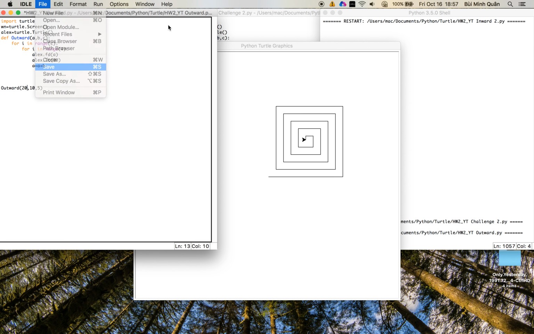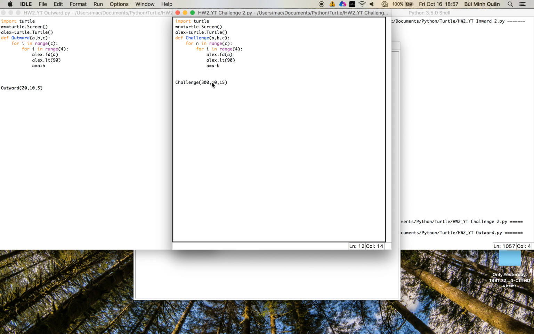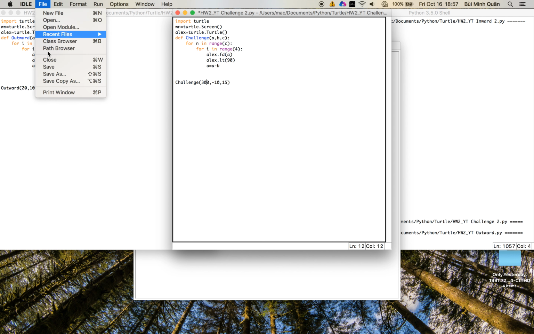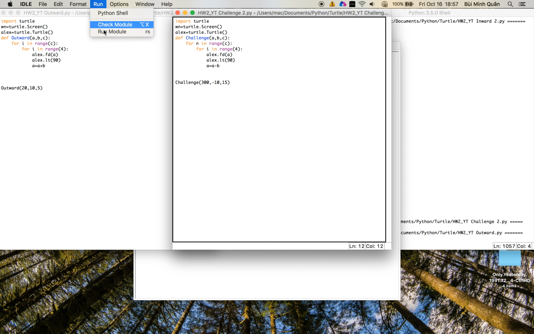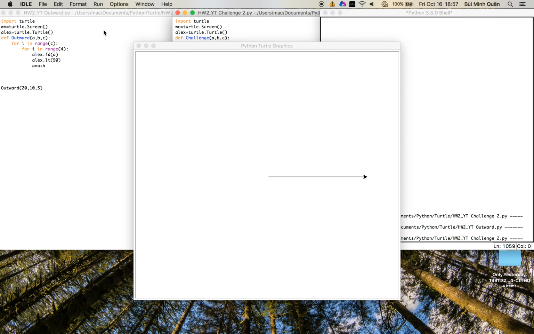So how about we try with the inward? Oh my god, this is the challenge one. Okay, so we try it too. Save it and run. Outward, definitely.